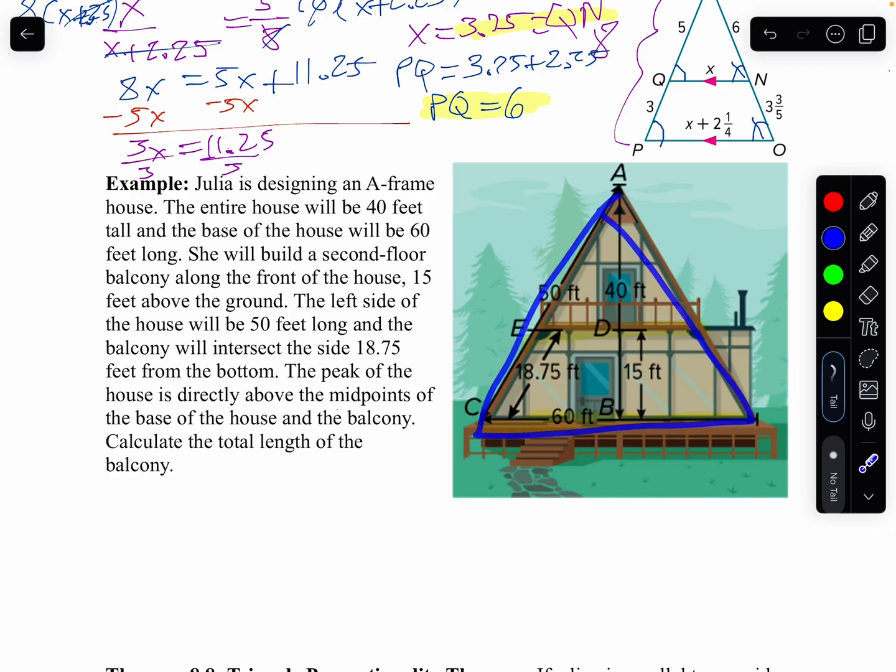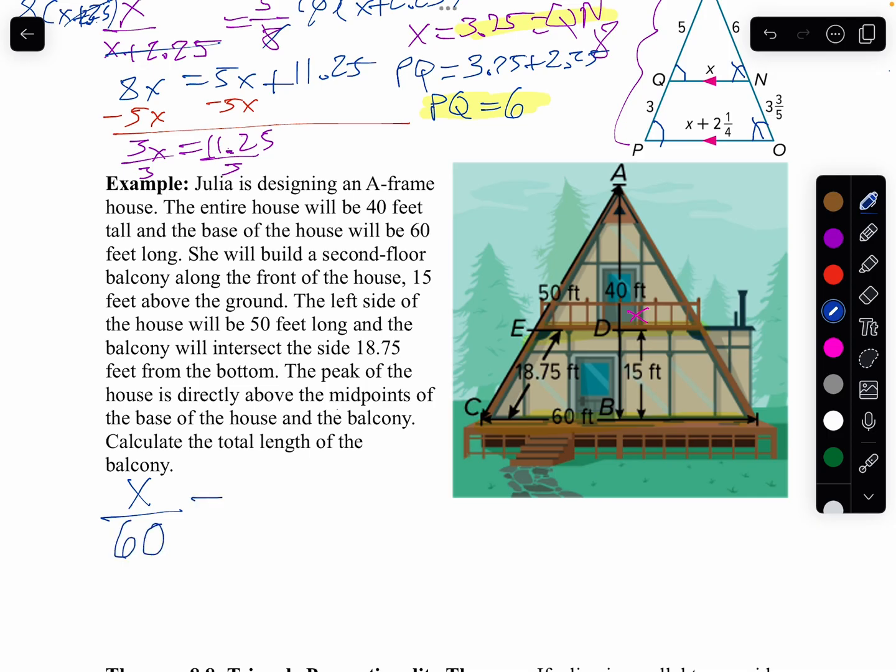I guess I don't have a point over there. So I'm going to call this length the balcony. Let's call that x. So I'm going to say x in my small triangle corresponds to 60 in my big triangle.